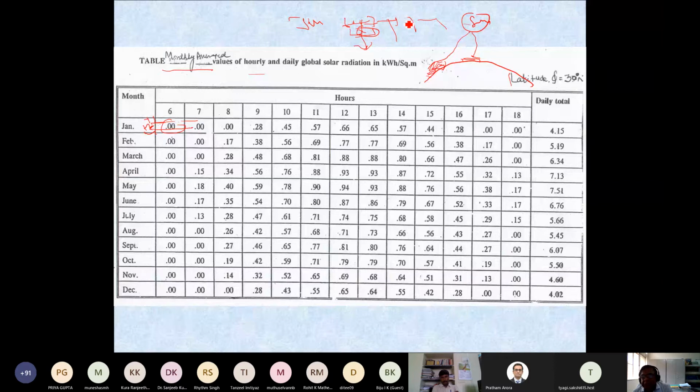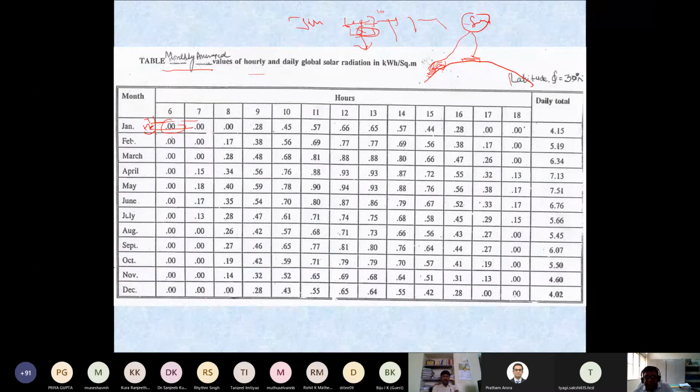If there are 10 hours of sunshine, they will have 10 values from sunrise to sunset. Similarly, they follow the same procedure for January 2nd, 3rd, 4th, and for the entire month of January. Again there will be so many data, so then we have to take the average. What they do is assume that the solar radiation value under normal conditions at 7 o'clock on January 1st will be the same at the same time on January 2nd.